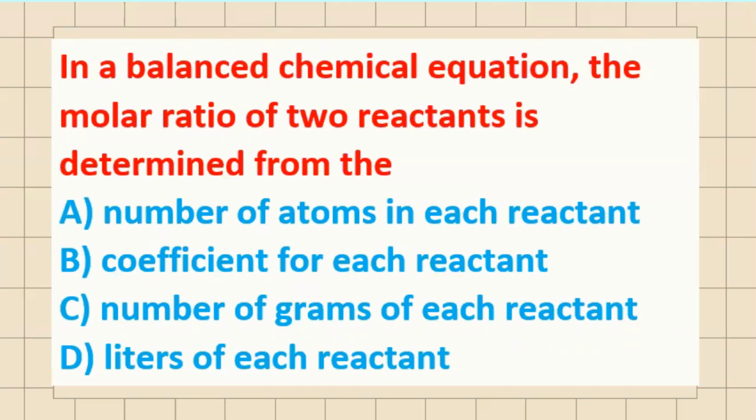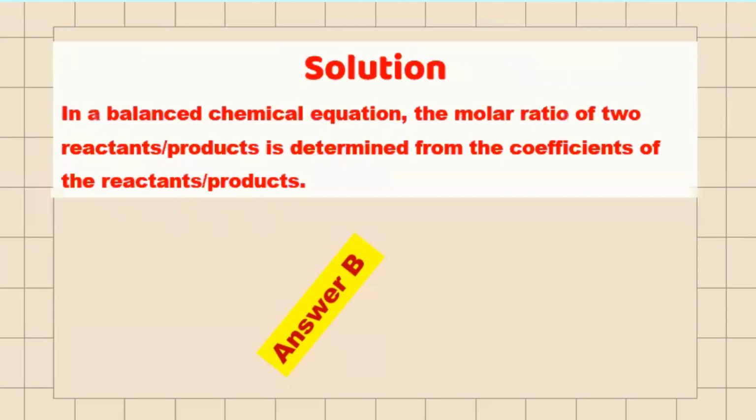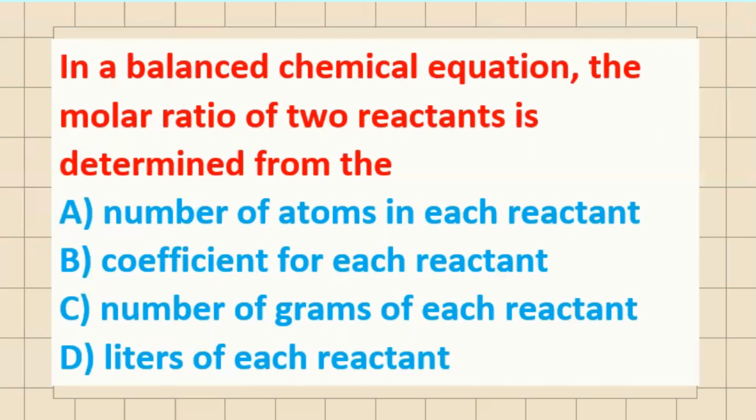The reactant or any other substance, the product or reactant. So again, mole ratio is calculated as mole to mole. Okay, therefore, the moles of the reactants and products are the coefficients for each reactant and product. Therefore, the answer must be B. In a balanced chemical equation, the molar ratio of two reactants or products is determined from the coefficients of the reactants and products. Therefore, the answer is B.